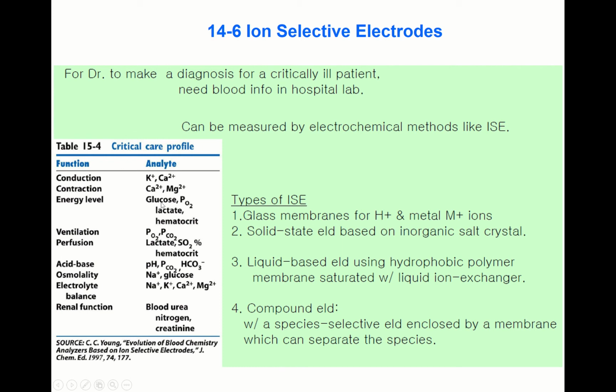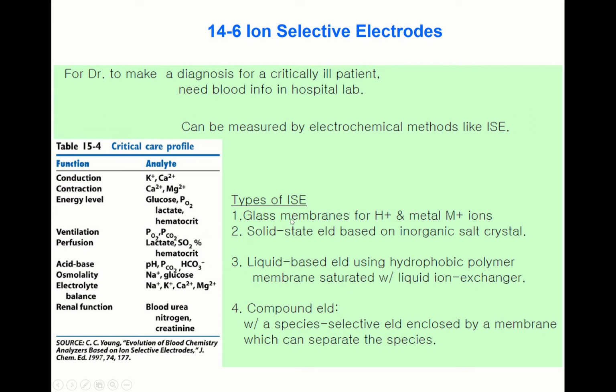Well, glucose cannot be measured by an ion selective electrode; it is measured by other means. You will see in the next chapter how to monitor glucose level. And here, CO2. CO2 is not an ion, but you can use a glass electrode to measure CO2. You'll see soon.